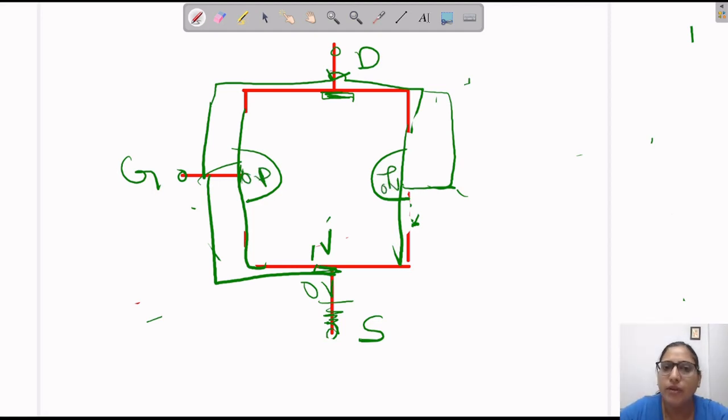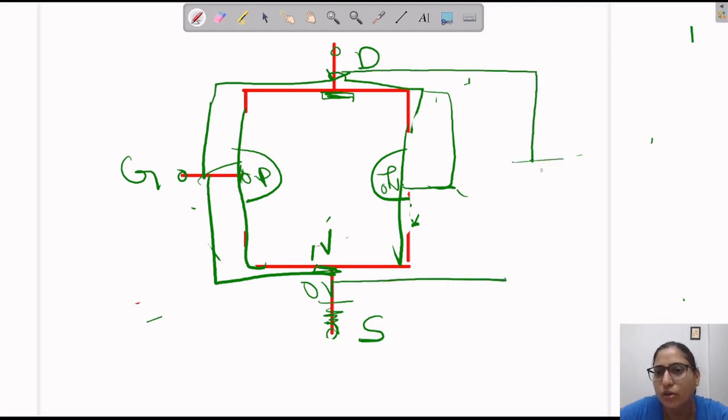Now here we have to connect a battery in such a manner between drain and source that the current will flow from drain to source. If current is flowing in that direction, we have to connect the drain with the positive terminal and the source with the negative terminal.